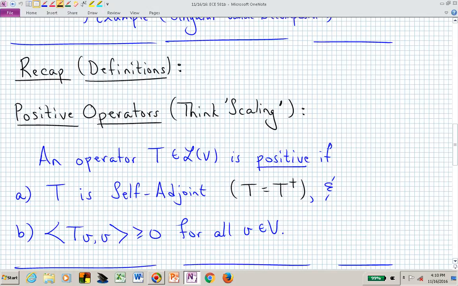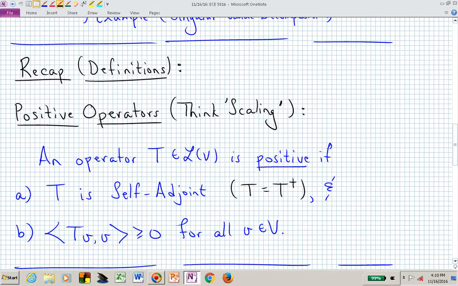One, it's self-adjoint, which means the operator itself is the same as its adjoint. And what does the adjoint do for us? In general, if somebody said, oh, we're talking adjoints today, what's one way that you could start thinking about that? So now we're just talking about being able to move this linear operation from one slot in an inner product to another, from the first slot to the second.